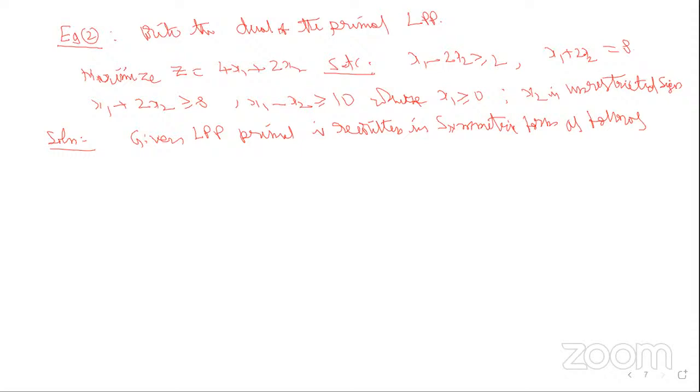Max Z equal to 4x1 plus 2x2 subject to constraints: minus x1 plus 2x2 is less than or equal to minus 2. x1 plus 2x2 is less than or equal to 8.